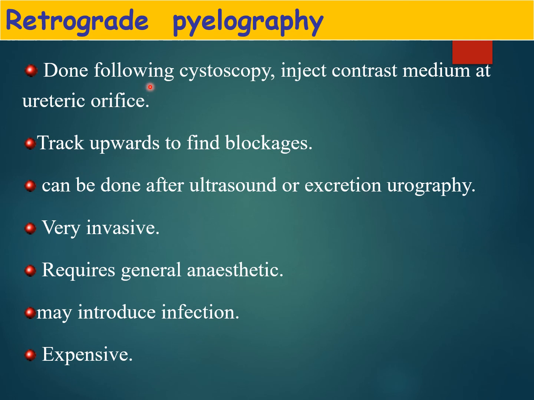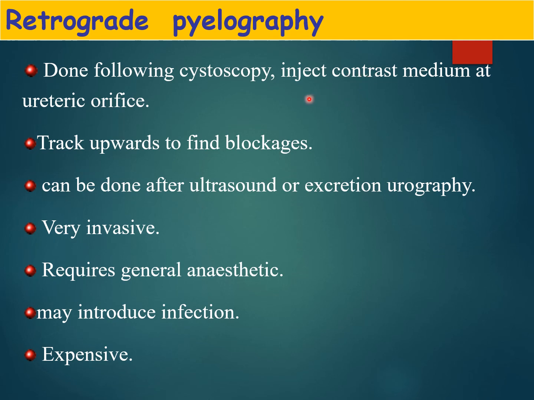And by retrograde pyelography, here we are using the cystoscopy, as mentioned earlier, urethroscopy and continuing to cystoscopy. See the two crescent-shaped ureteric orifices at the trigone, the junction between the trigone and the main body of the bladder.